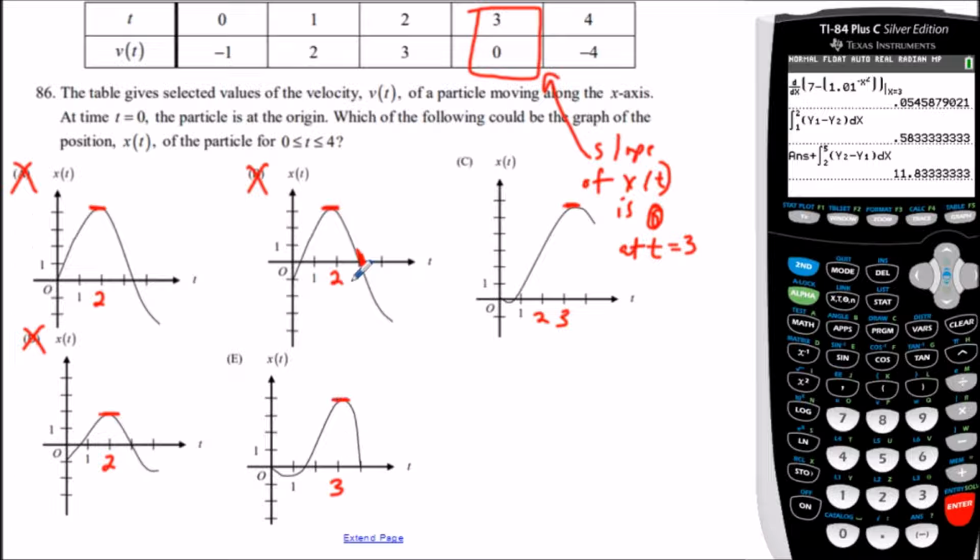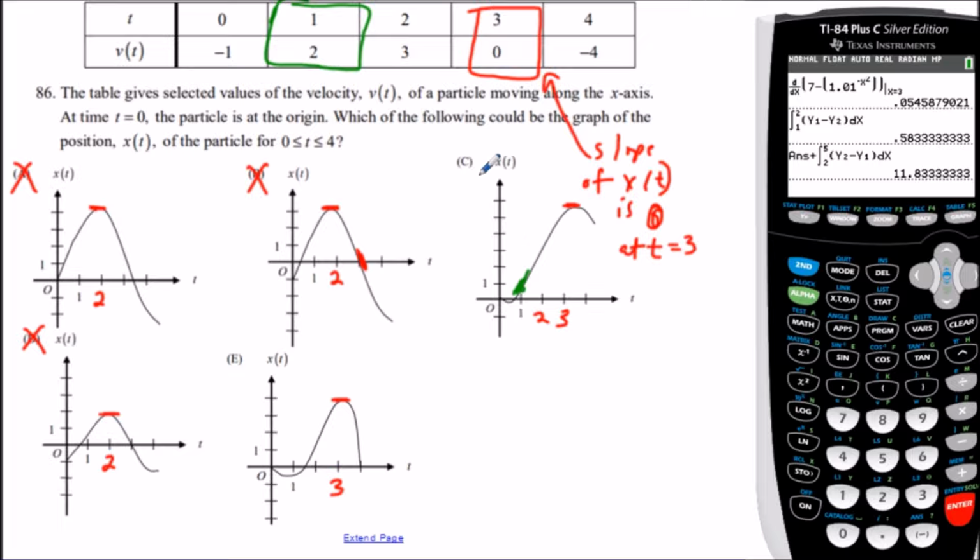So if we look elsewhere in the table, let's try another value to see if it eliminates one of the remaining answer choices. This is telling us that when t is equal to 1, the slope of the graph is 2. So at t equals 1, we're on this part of the graph, and we have this slope of positive 2.